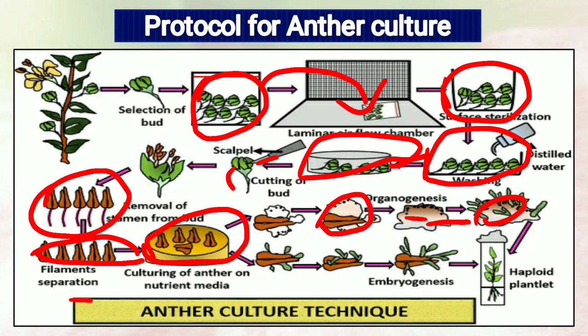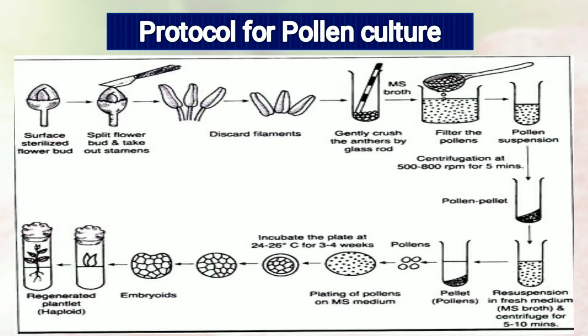Next is the protocol for pollen culture. First you select a suitable unopened flower bud and surface sterilize it. Then excise the anthers without filaments as described previously in anther culture.